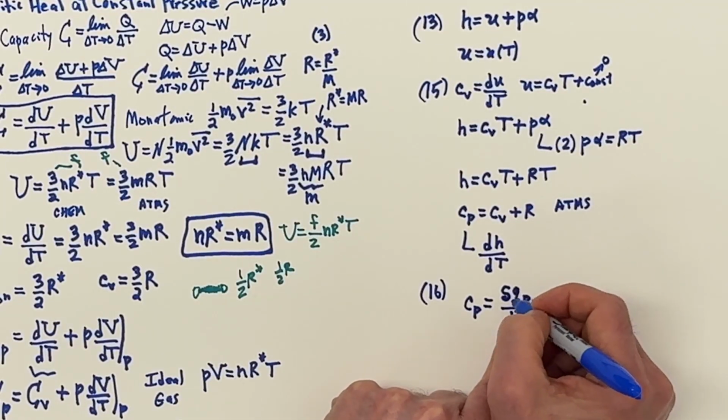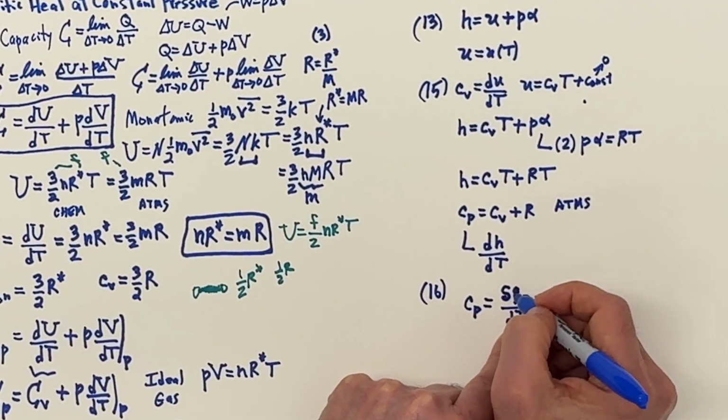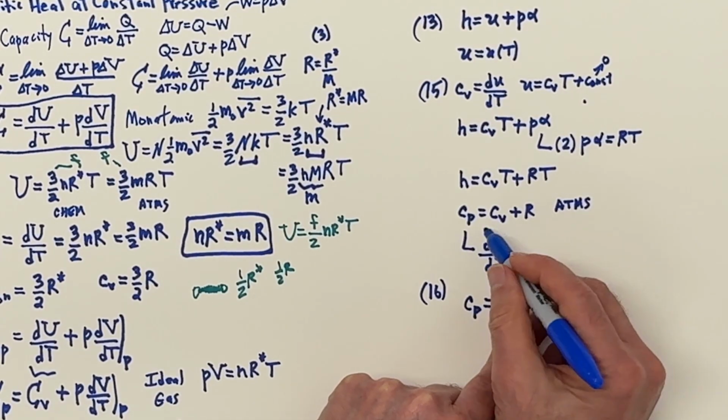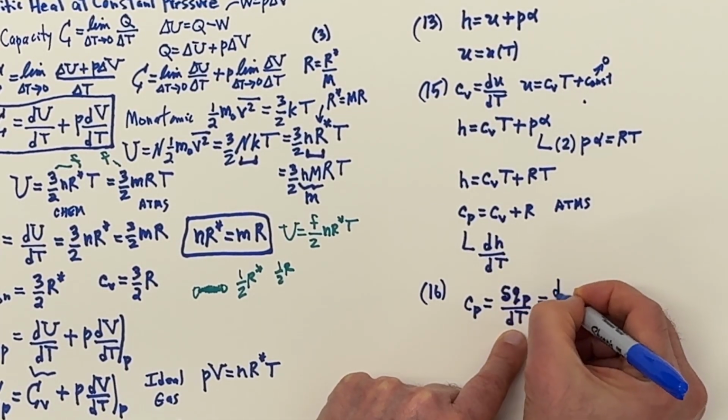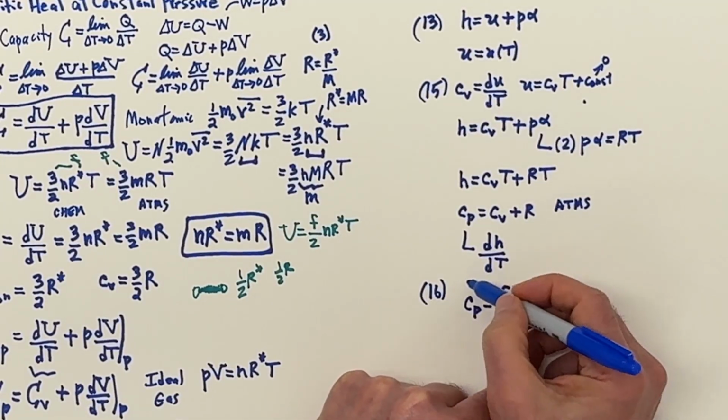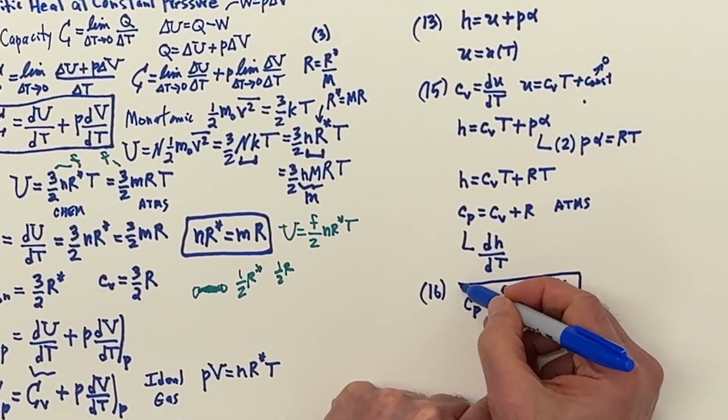You know, I really don't like this because it's like a broken derivative. And this is why we're doing this, because look at this. The C_P is a good derivative. It's a derivative, dh dT. So that's the beauty of equation 16.